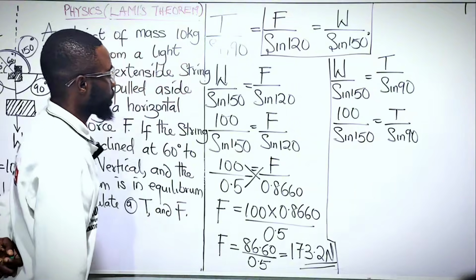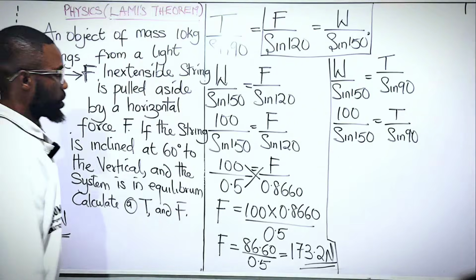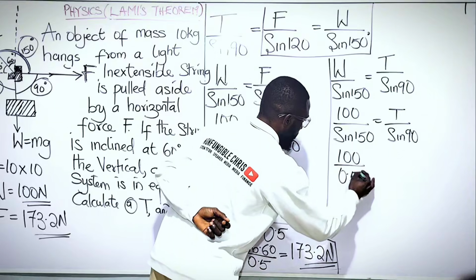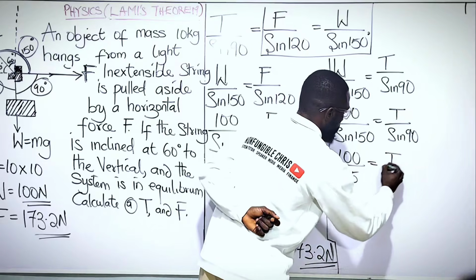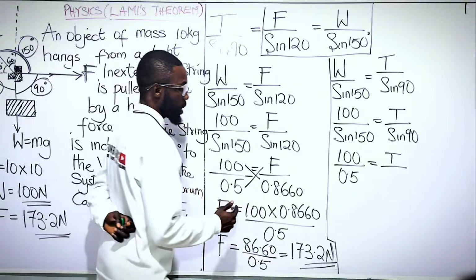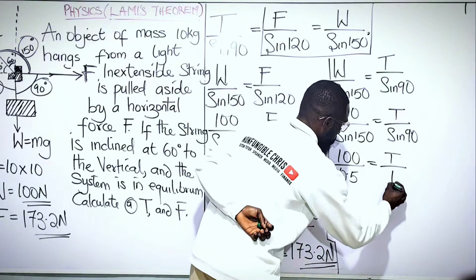Our sine 150 gave us 0.5, so we have 100 over 0.5 equal to T over sine 90. Use your calculator to try sine 90, and sine 90 gives us 1.